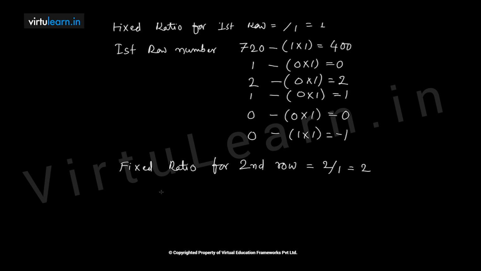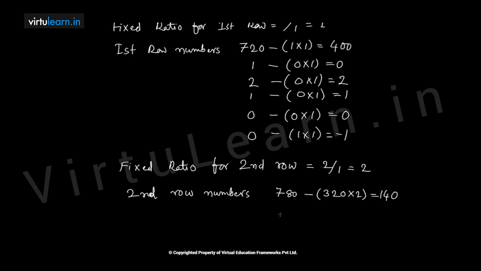So the values we calculate for the second row numbers: 780 minus 320 into 2 will give us 140.